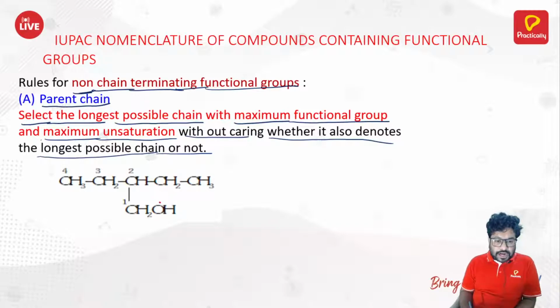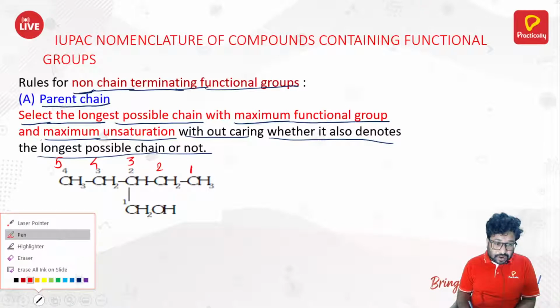If you start counting here, you can go 1, 2, 3, 4, 5. This is the longest chain. But do we have a functional group in that? No, we don't. The functional group is here.